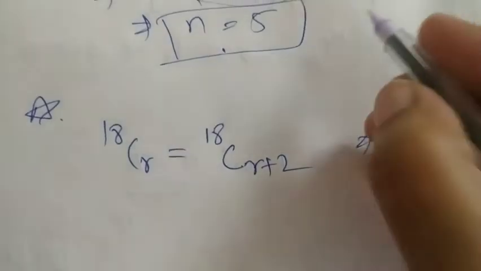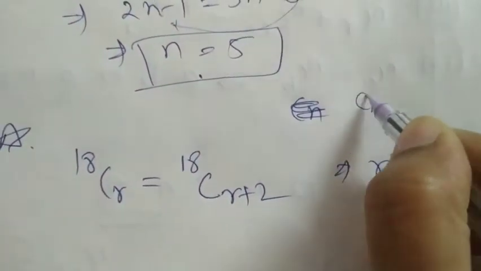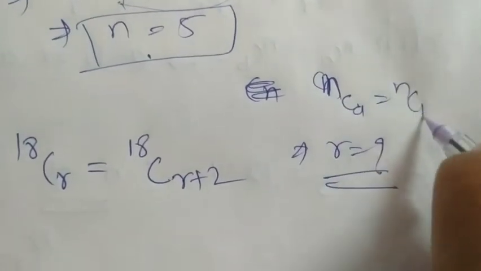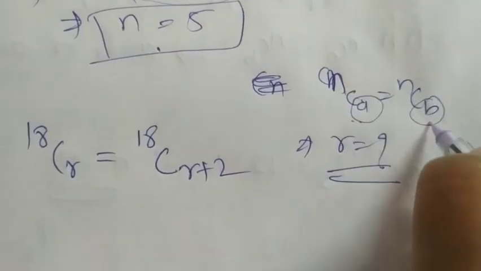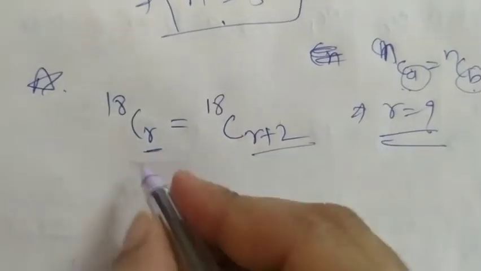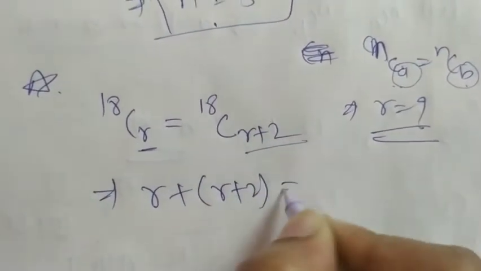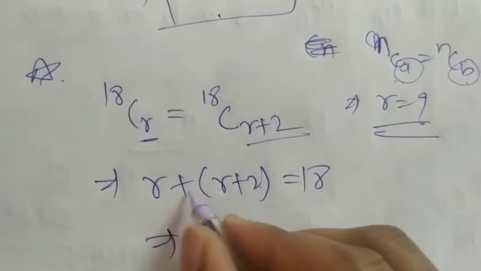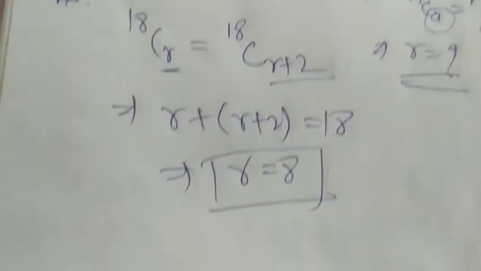I have a property that nCa will be equal to nCb if and only if a equals b, or a plus b equals n. Here r and r plus 2 cannot be equal. It means r plus r plus 2 will be equal to 18, so 2r will be equal to 16, r will be equal to 8.